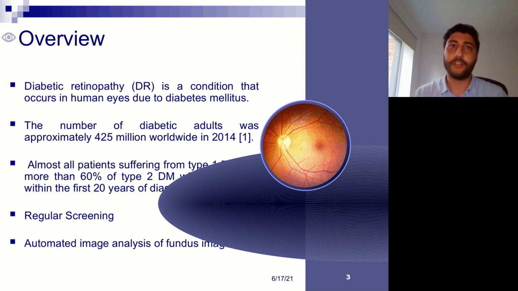It's a condition that occurs in the human eye, to be more precise, on the retina of the eye, due to diabetes mellitus. Diabetic retinopathy is a very common eye disease in diabetic patients worldwide, and it happens when the retina gets damaged because of changes in the blood vessels of the retina, fluid leakage, swelling, bleeding, or the growth of abnormal blood vessels.